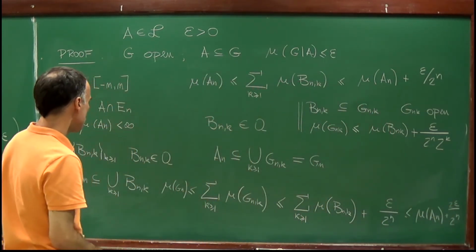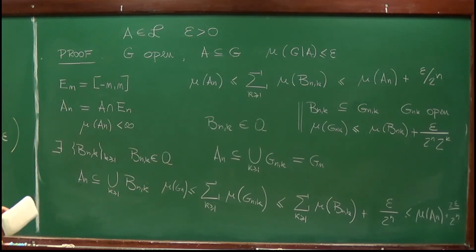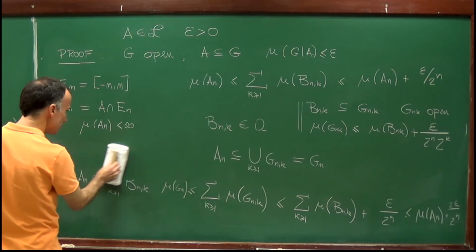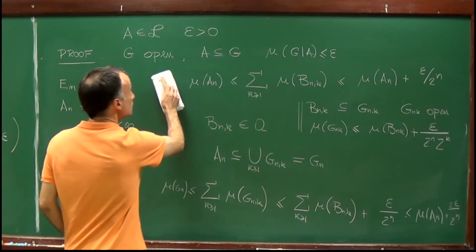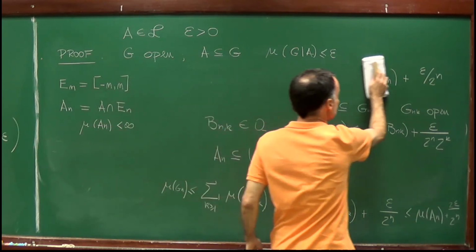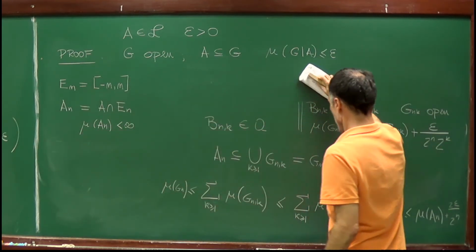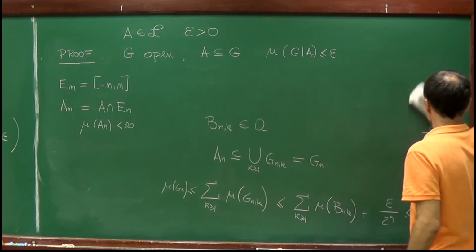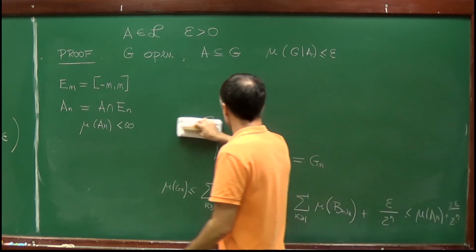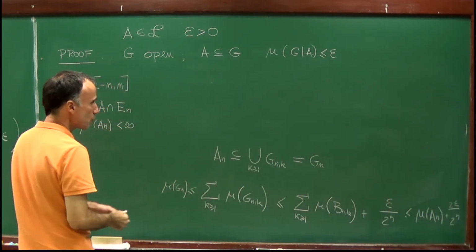So at this point, I can erase everything but the definition of A_n. So B_n will not be used anymore. Let me just recall what we obtained here.